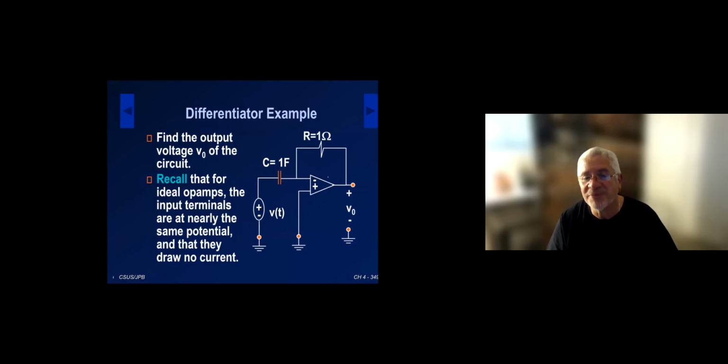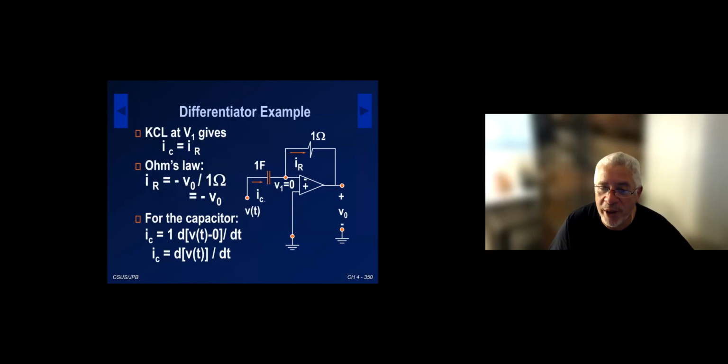Okay. So let's set up things. I put current on my capacitor and my resistor. And then obviously the KCL at node V1, and V1 is 0 because these two things are at about the same value. That's one of the ideal op amp rules. So IC is equal to IR.